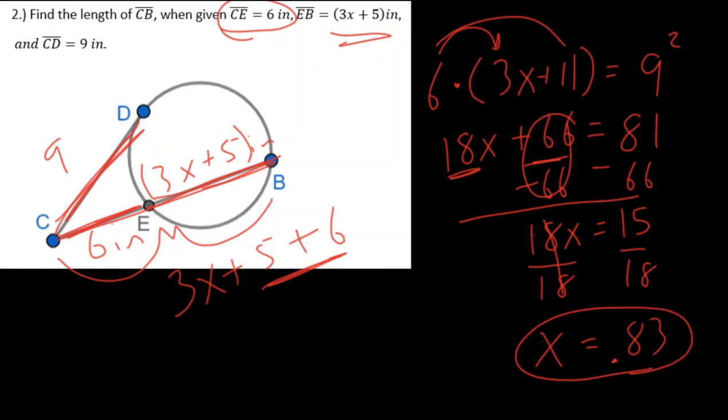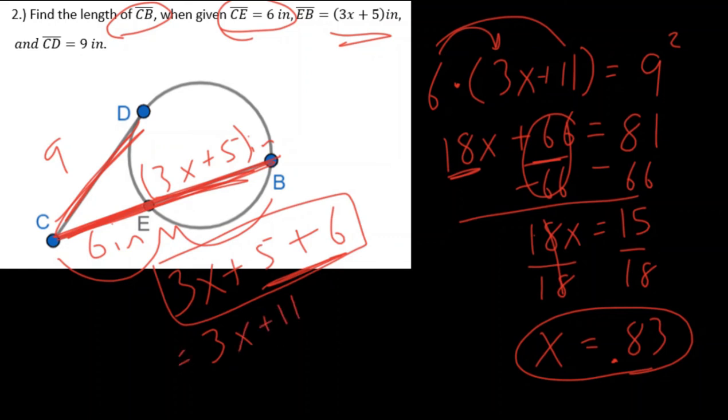Now notice, ask yourself, is that the answer to the question? In this case, no. We want to find out the length of CB. And remember, CB is that whole thing, which is kind of nice because we actually have the expression that represents the whole thing right here. It is 3x plus 11, and remember that's for CB, our entire segment. So let's plug these things in. We have CB is equal to 3 parentheses 0.83 close parentheses plus 11.